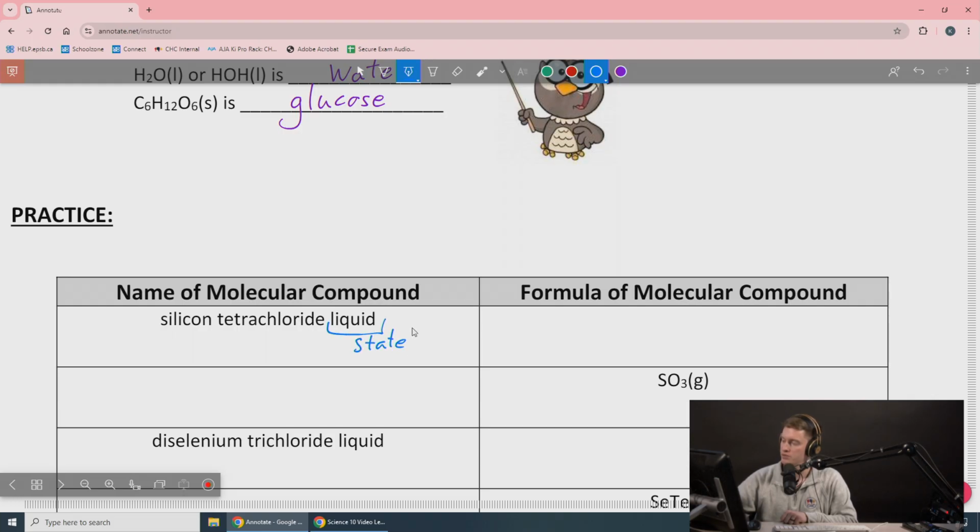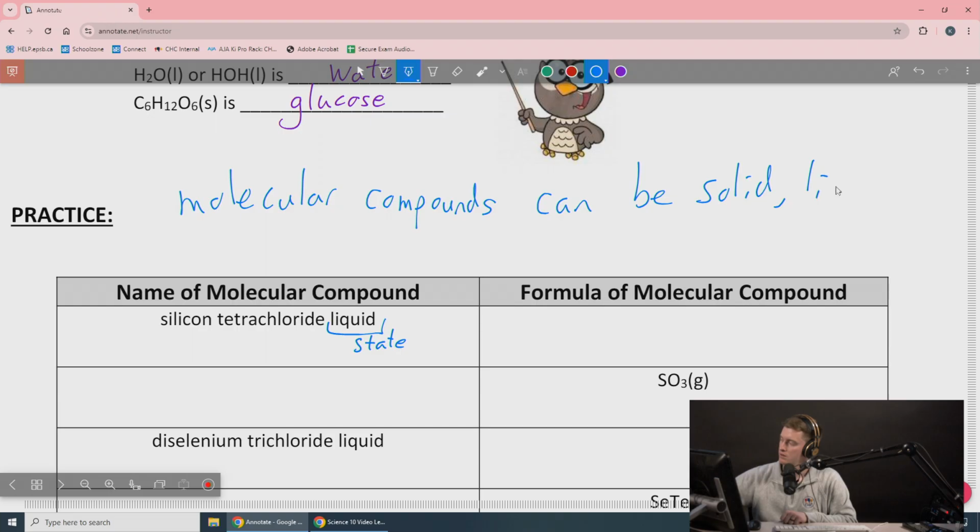Molecular compounds, we talked about this earlier, but molecular compounds could be solid, liquid, or gas, or even aqueous. Whereas our ionic compounds are going to be all solid at room temperature.